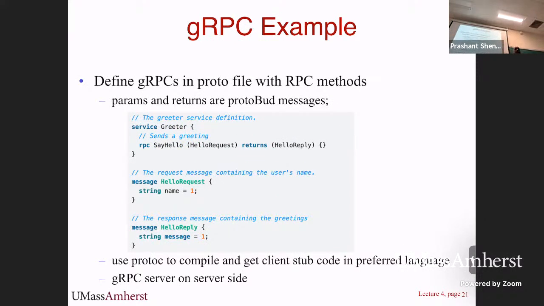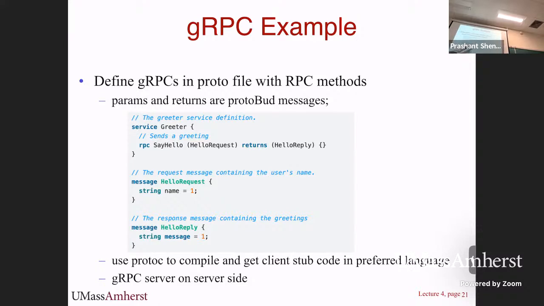The previous one just said that's a buffer, that's not a request or a reply. So now you have to declare what the methods are and what they are going to return. So you do this by declaring your gRPCs in the proto file itself. So here now you will see that there is a service called Greeter. It's a hello world service. It has one RPC method, SayHello, and it takes one argument which is a HelloRequest.